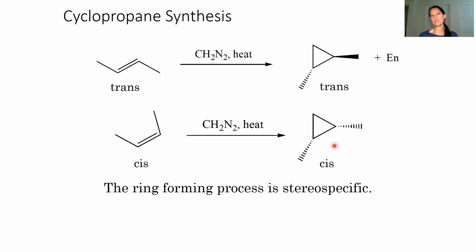And if you did try to draw the enantiomer, what you would find is if you just flipped it over or rotated it, you would see that it's actually the same compound. So the key thing here is the cis or trans geometry of the starting alkene will dictate the stereochemistry of the products.